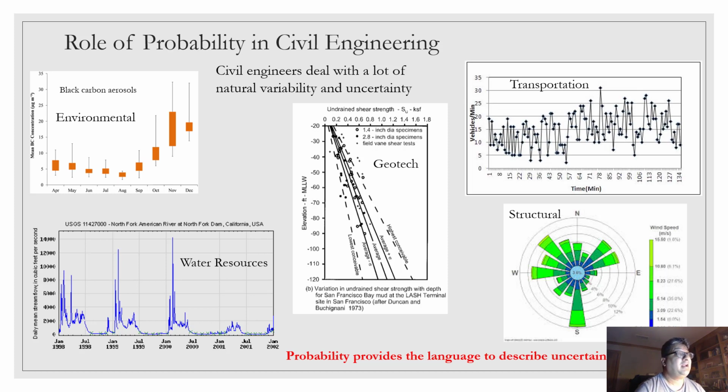For example, here I show the mean black carbon concentrations that a set of researchers measured over a period of time, and you can see that the concentrations of these black carbon aerosols, which are fine particles in the atmosphere, like soot particles, vary quite a bit.